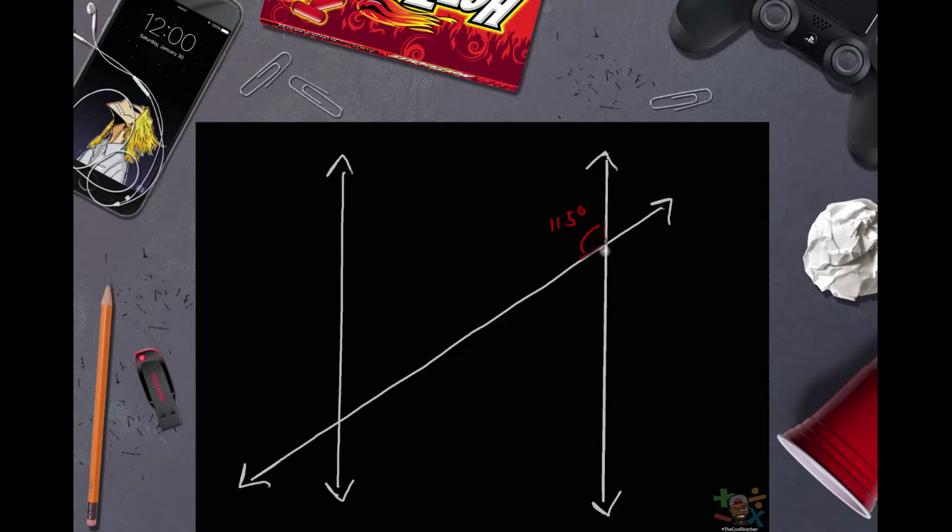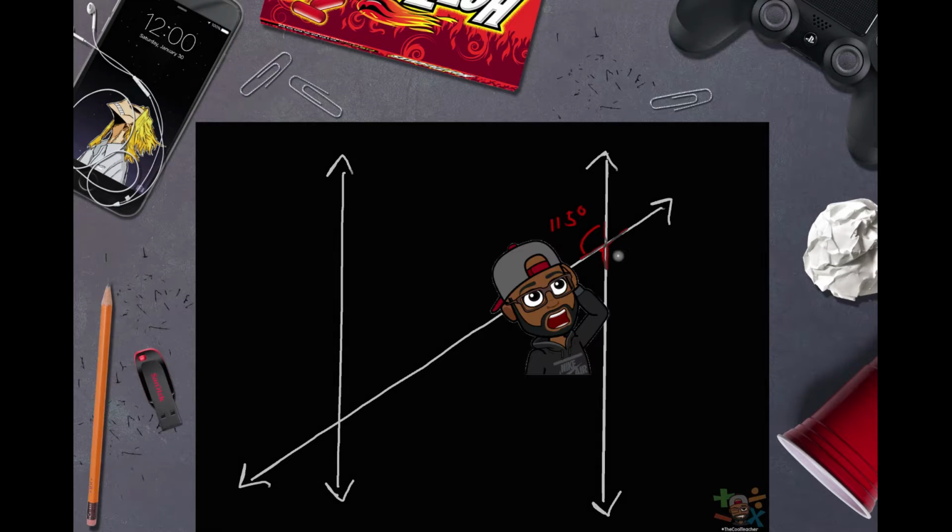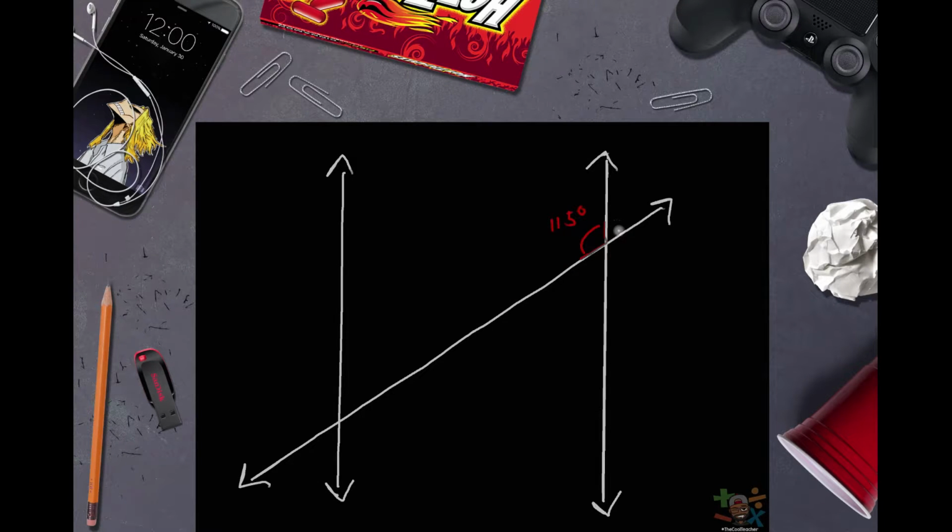Basically, when those angles face each other, they should be touching at the nose. This is the other angle that's going to touch at the nose. Let me go ahead and redraw that. This is the other angle that touches at the nose. You see, it's almost like they're facing each other. That is what vertical angles are: the angles that face each other or touch at the nose.